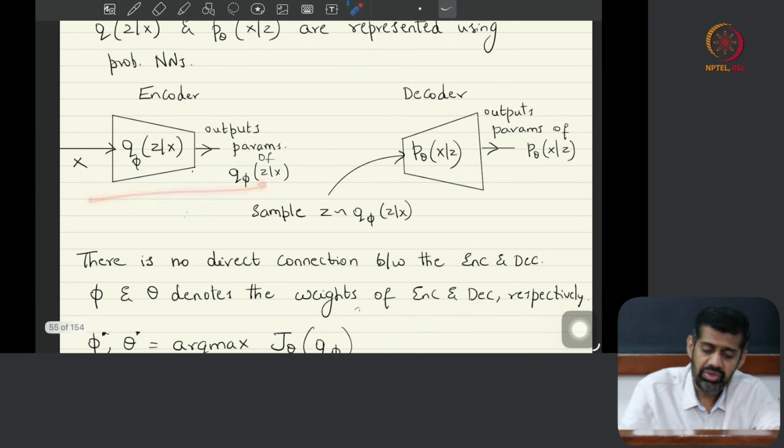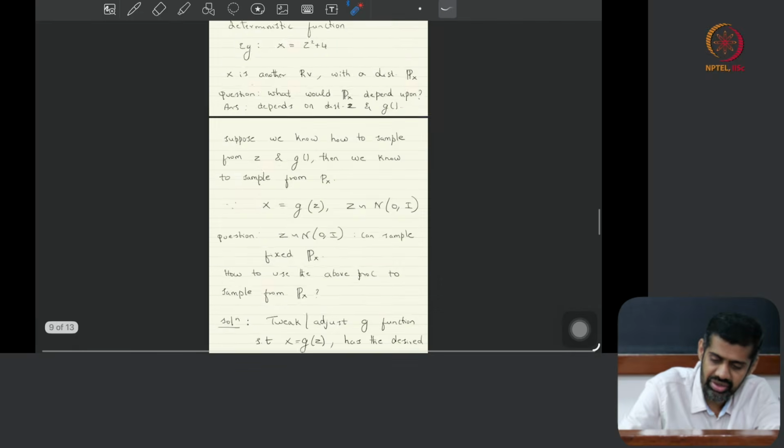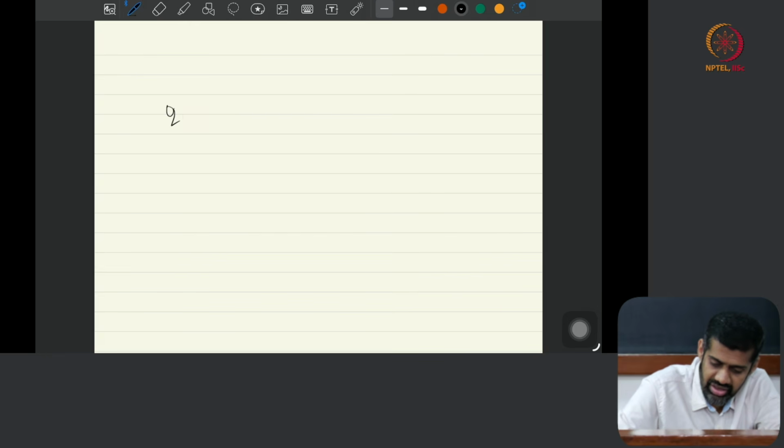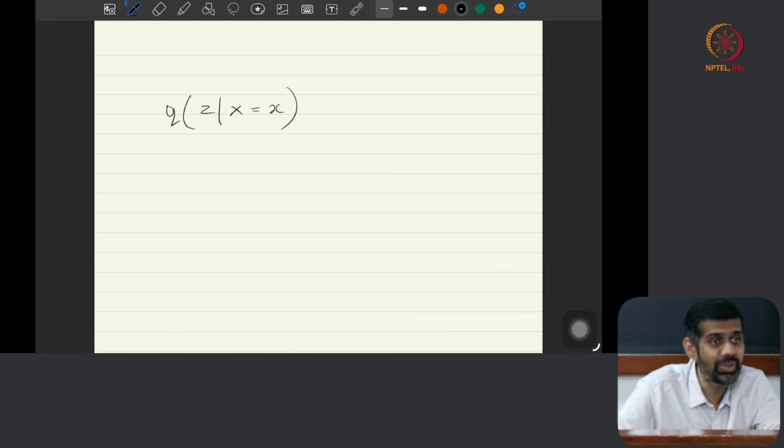These are the two neural networks. The first one takes x. By the way, this should be obvious for those who have studied probability theory. When we look at conditional distributions, q of z given x, this actually means that the conditioned random variable is fixed to a particular value. I hope that all of you know this.